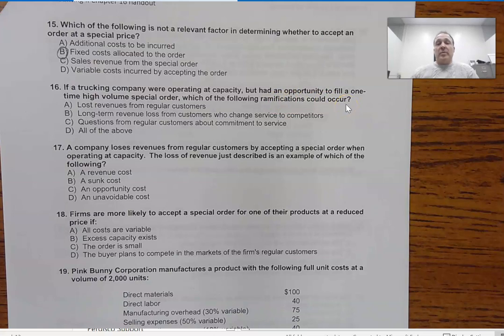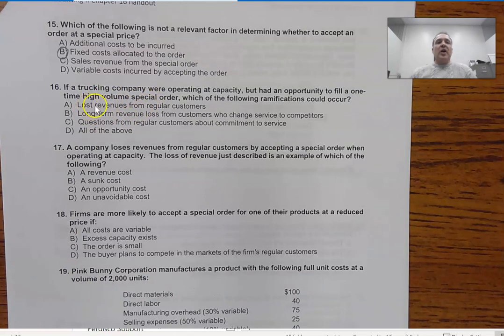Now, we talked about relevant range, and I believe it was in the last video we had a situation where we were selling 20,000 of something, but our capacity was 25,000. Okay, that's not the case here. We don't have numbers as to what capacity is, but whatever capacity is, we're operating at 100% of that level. So if we accept this high volume special order, what are the ramifications?